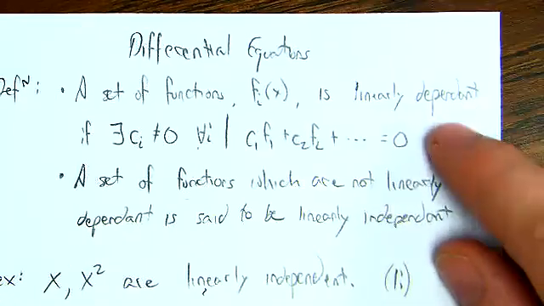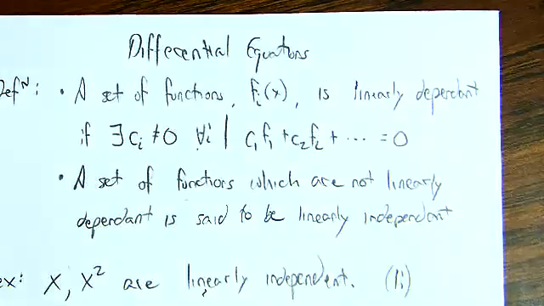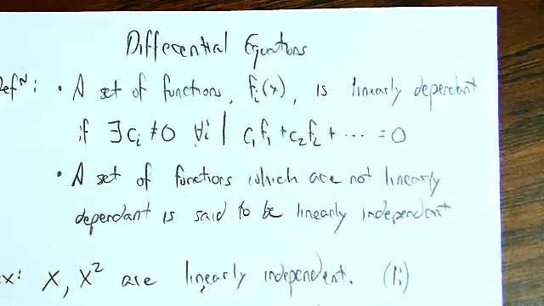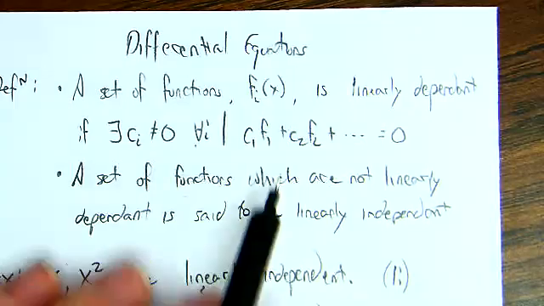Well, this goes back to the definition of what it means to be linearly dependent. We remember at one point in time, we used matrices to solve systems of equations. Systems of equations are given variables. We're looking to find the values of those variables which make the equation true.